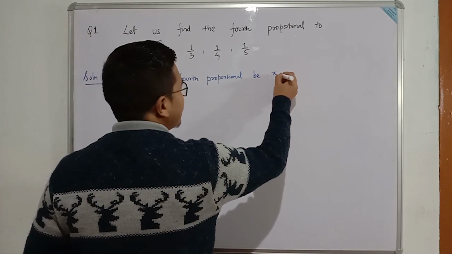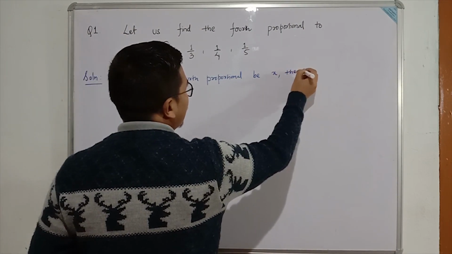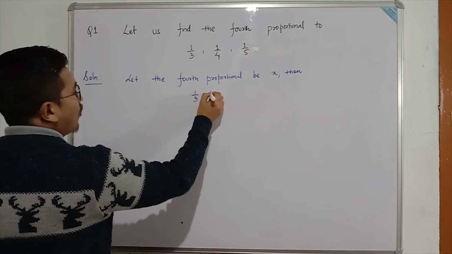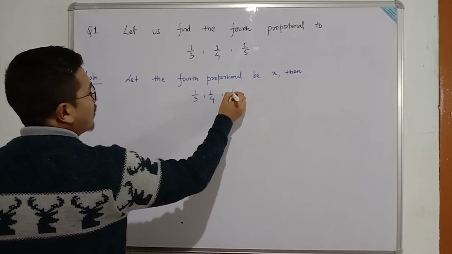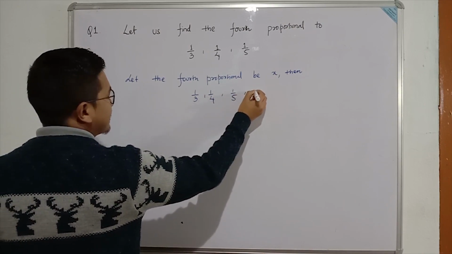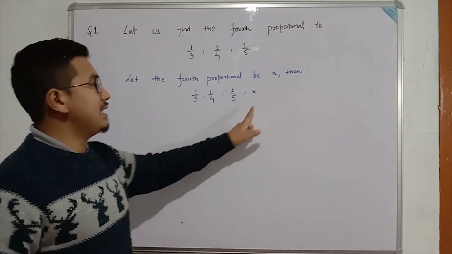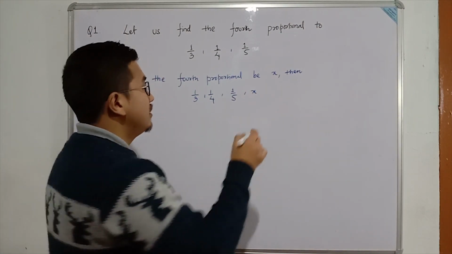Then, after assuming this, what do we get? We get 1 by 3, 1 by 4, 1 by 5 and x. These four numbers will be in proportion.